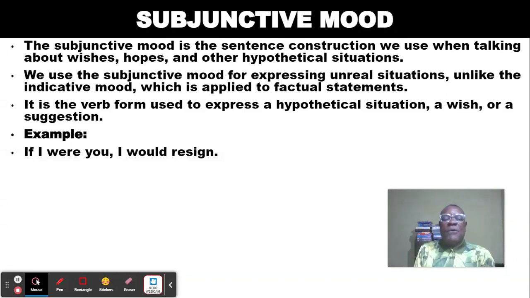So the same form of the verb is used whenever the mood being expressed is the subjunctive mood. So that makes it a hypothetical situation because it is unreal and it is impossible.